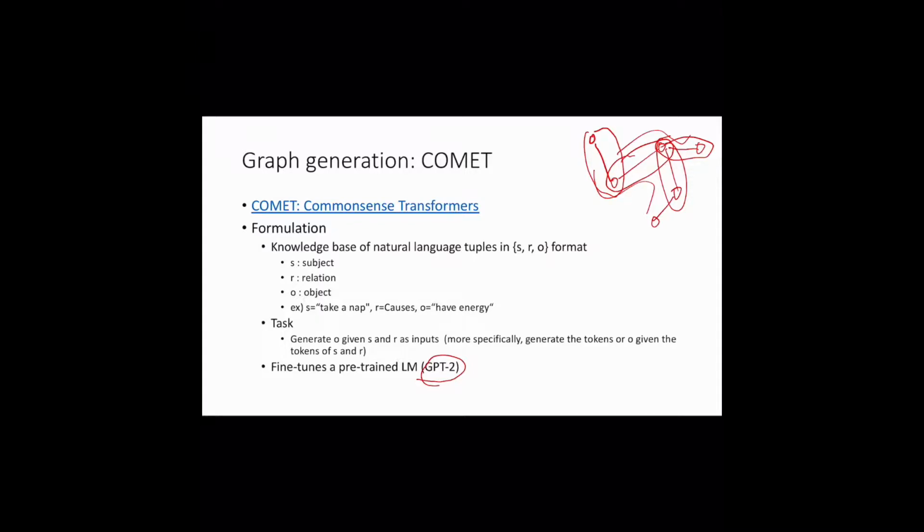For a given graph, for all tuples of the format SRO, where S is the subject, R is the relation, and O is the object, we train a function that takes in S and R and generates the tokens of O. So we're predicting from the subject and relation the object of the relation with respect to the subject.